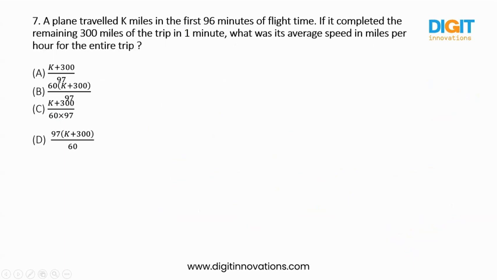Next one, a plane traveled K miles in the first 96 minutes of flight time. If it completed the remaining 300 miles of the trip in 1 minute, what was its average speed in miles per hour for the entire trip? So the distance: first it will travel k miles and after that the remaining 300 miles.